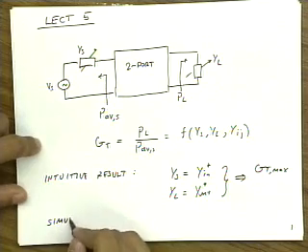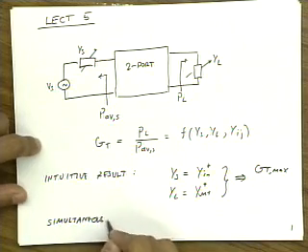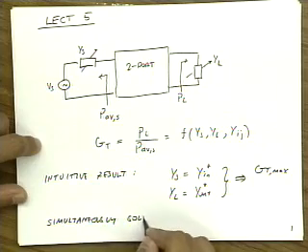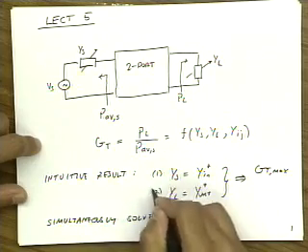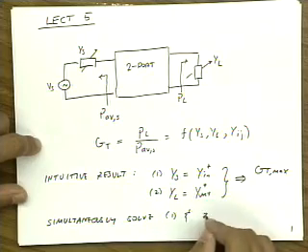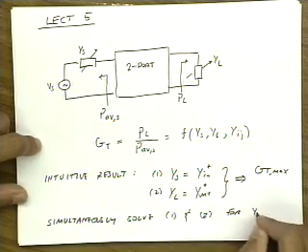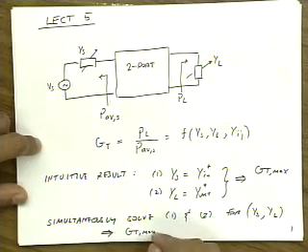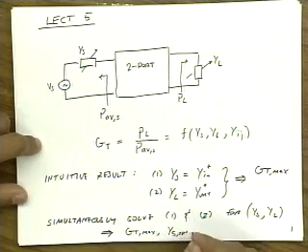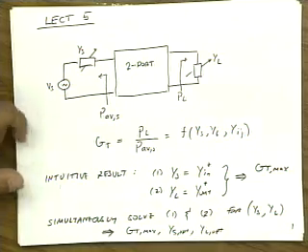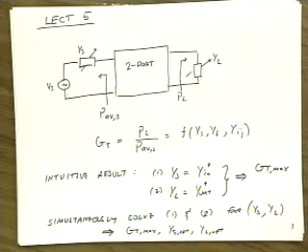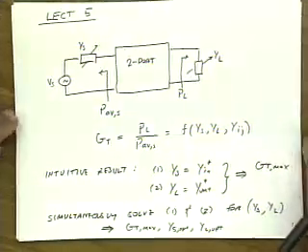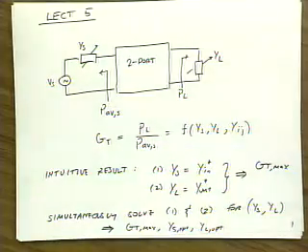If we simultaneously solve, let's call this equation 1 and equation 2, 1 and 2 for Ys, YL, then we can find GT max, Ys opt, and YL opt. Whenever you have 2 equations and 2 unknowns, you first have to ask, is there even a solution? We're kind of assuming the solution exists.